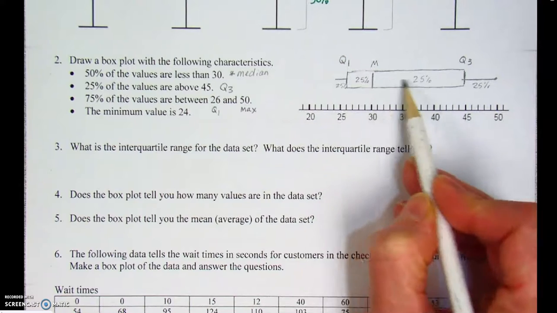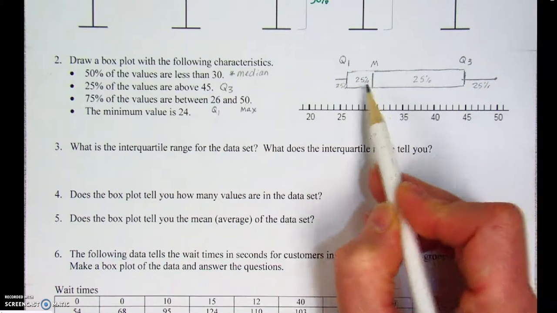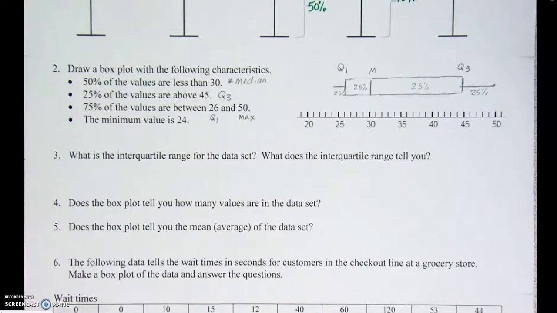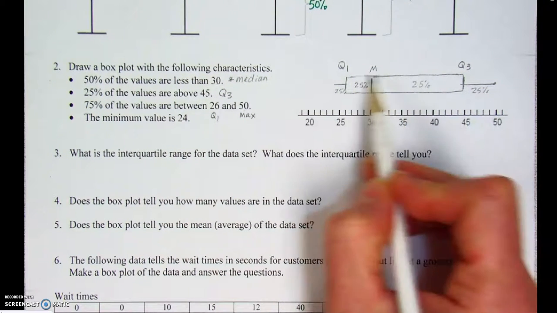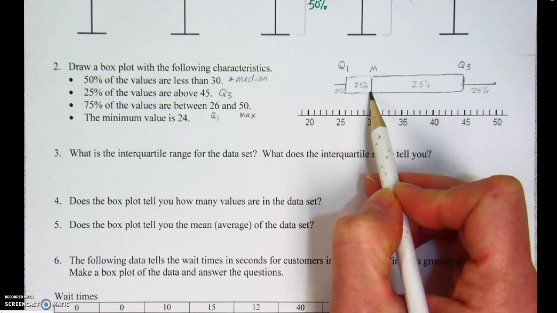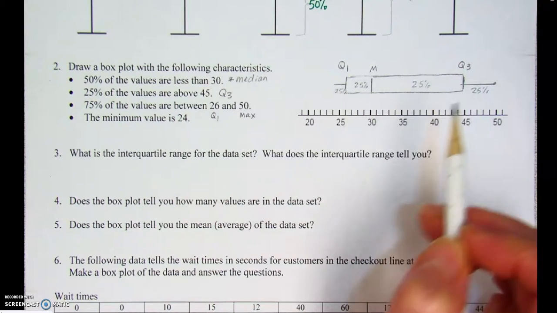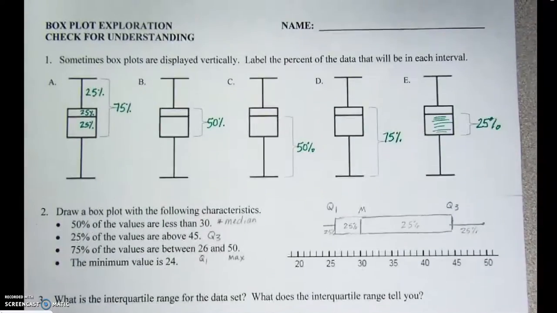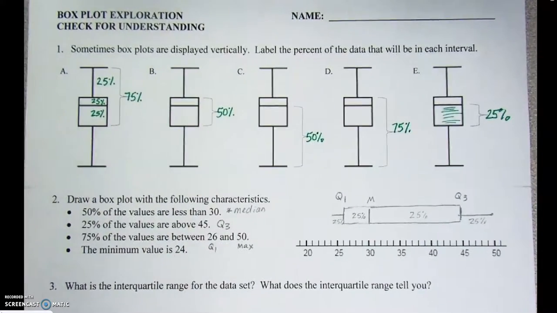So the data is really spread out in this quarter, but it's really close together in this quarter. Box plots can have all sorts of different looks to them, but they all have this box in the middle, they all have a vertical line for the median, and they all have horizontal lines that go out to the minimum and the maximum, unless they're displayed vertically.